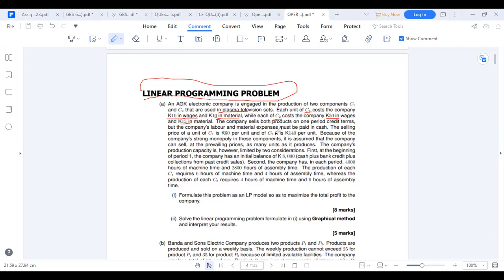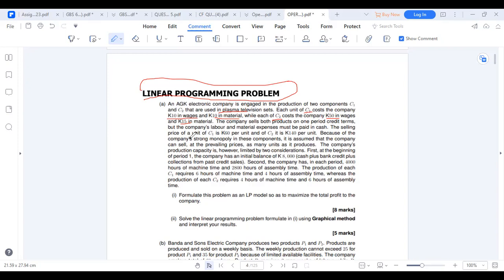The company sells both products on 1 period credit terms, but the company's labor and material expenses must be paid in cash.